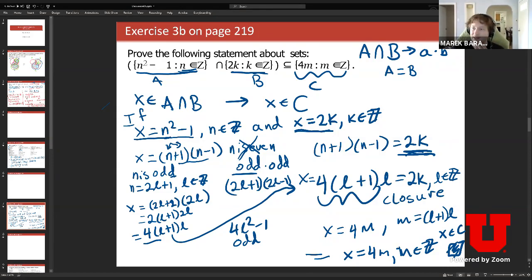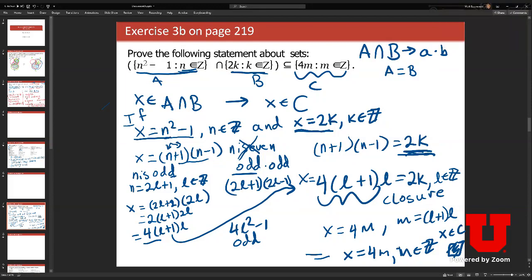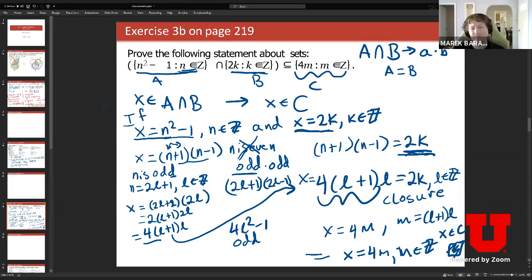Anything else? So if I understand, the end goal, the final answer, is to find a case where m equals n, which equals k in each situation. But is that right? Yeah, so what we're trying to show is that x can be written as 4m, right?